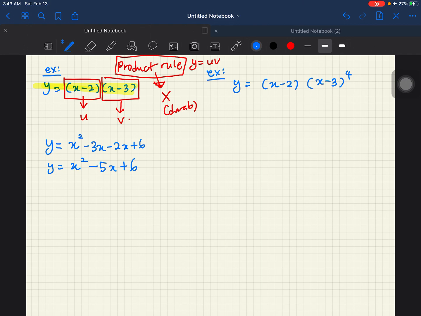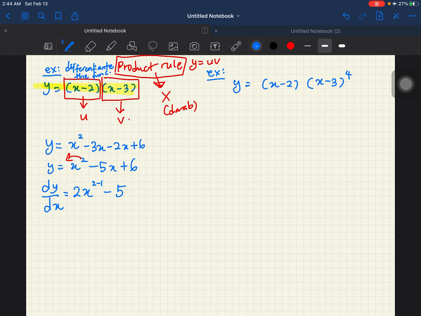And then after that, you differentiate it with respect to x. So the question is, you want to differentiate the function. Okay, so what you get is, you take the 2, you reduce the power. So it will be 2x, 2 minus 1, minus 5.